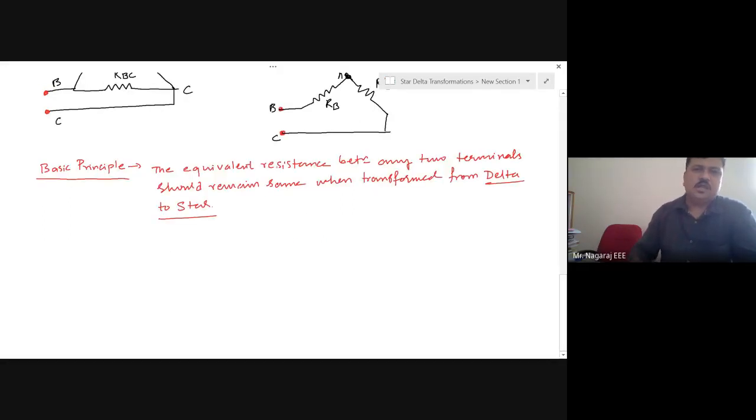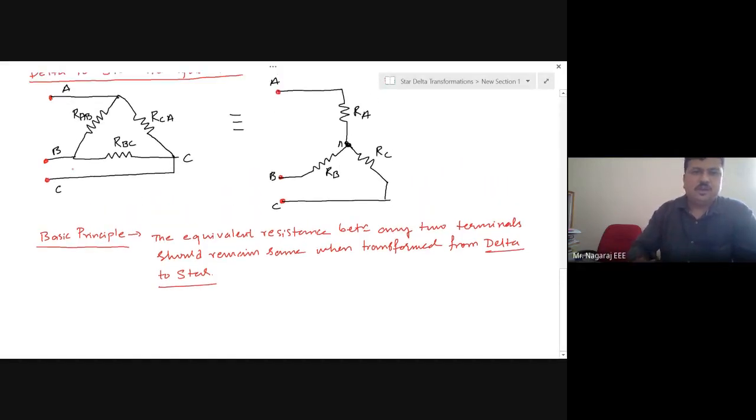How to get the equivalent resistance between two terminals? The equivalent resistance between any two terminals is obtained by keeping the third terminal open circuit.